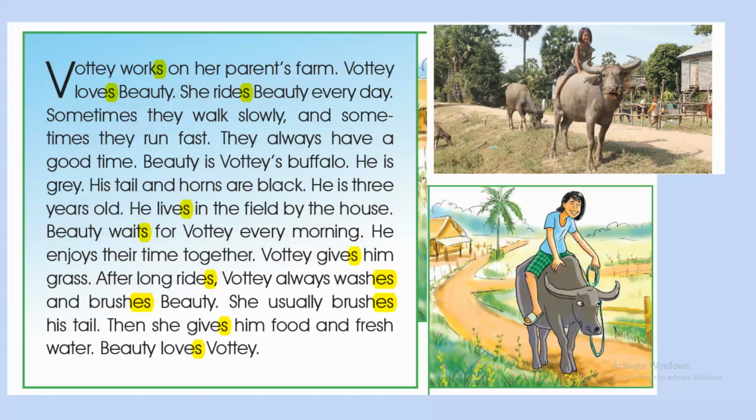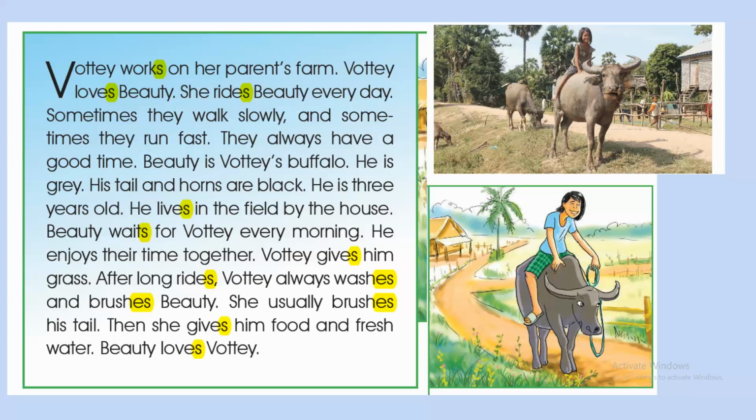This is called a buffalo. I'm really afraid of this guy. You know, they used to chase me in the field, and oh, it's dangerous. I'm not going to read this dialogue for you, but I want to show all the words with the s sound.